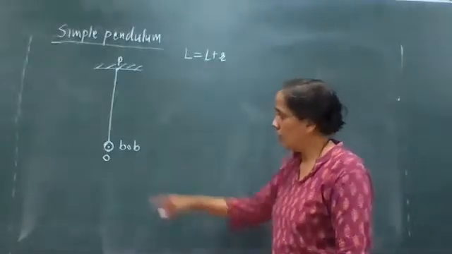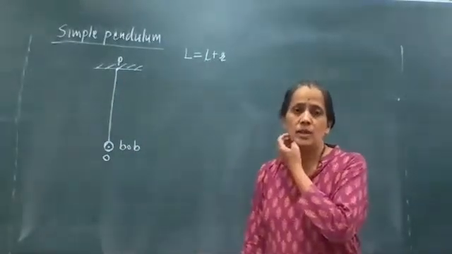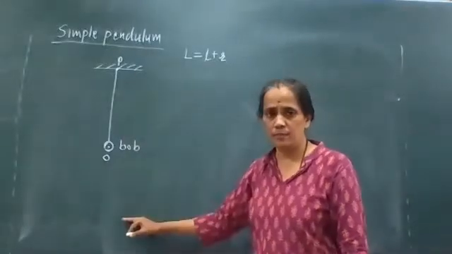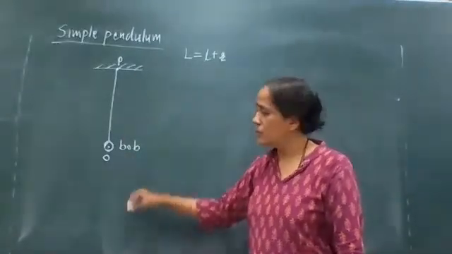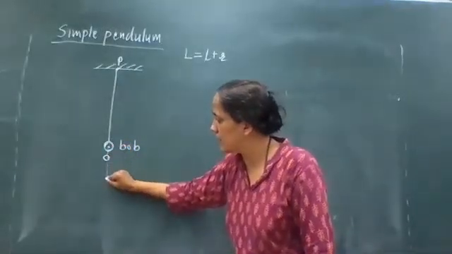Clear? Now, when this bob is at the mean position, two forces act on this pendulum. What is the first force? The first force is the weight of the bob, mg, acting vertically downward.